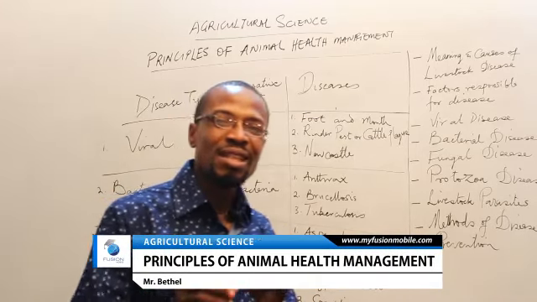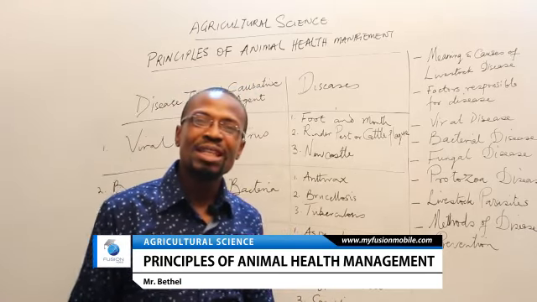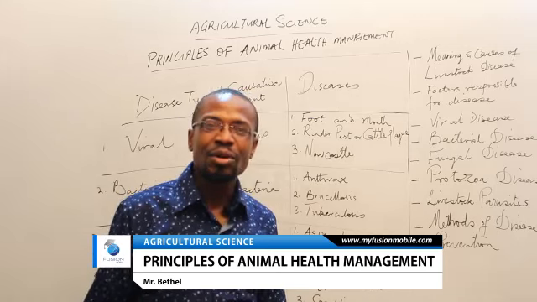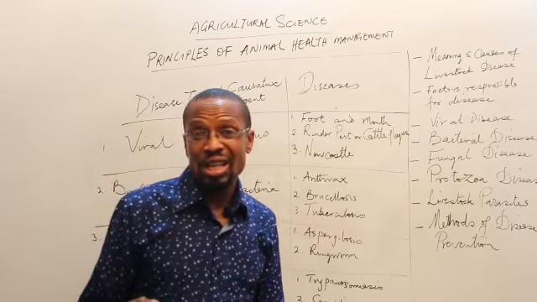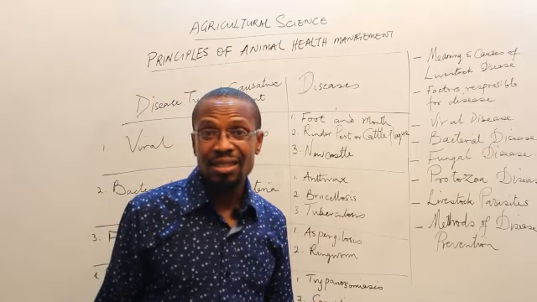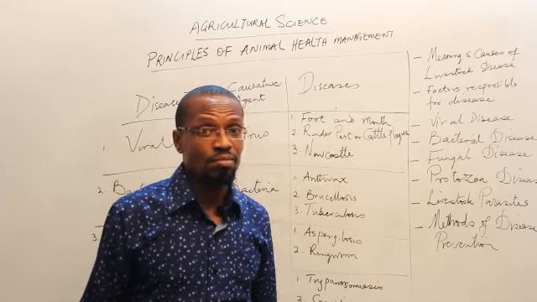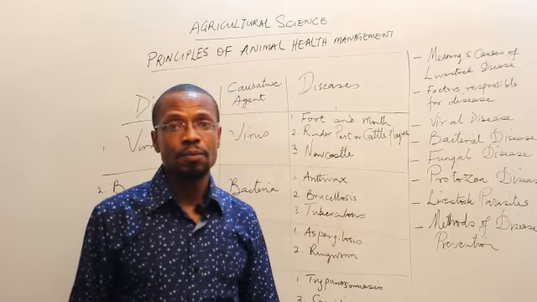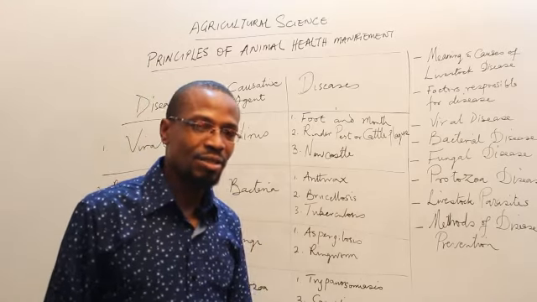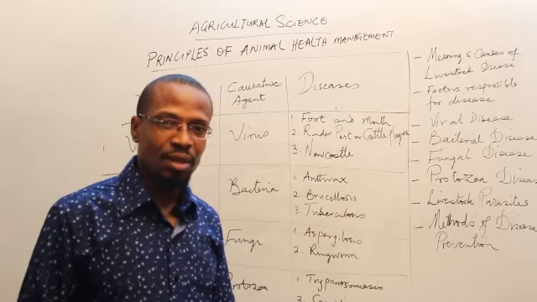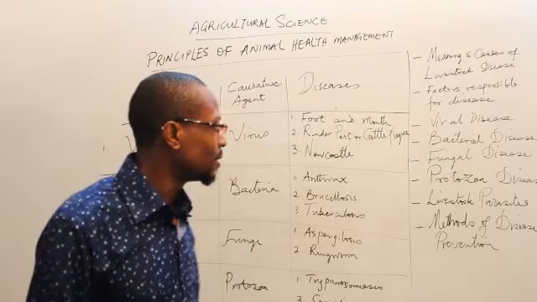You start to see blisters, inflammations, and of course the animal begins to lose weight. The animal begins to lose appetite, and then it could lead to death of the animal. And which animals are affected under this category? The cattle, sheep, goat, cows, they are affected.